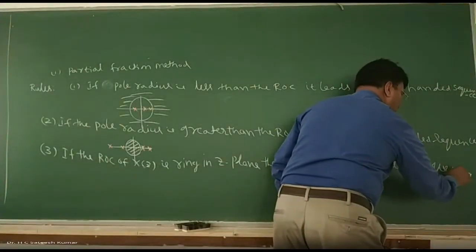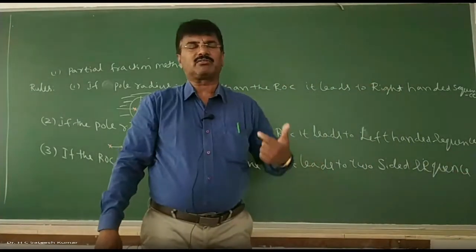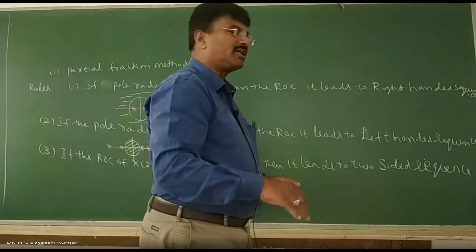Two-sided means what? Some terms may have a right-handed sequence, and some terms have a left-handed sequence. Which one will get the left-handed and which one will get the right-handed?